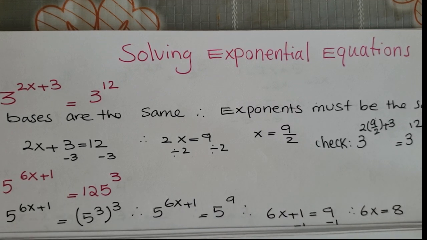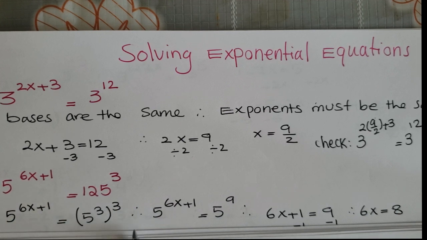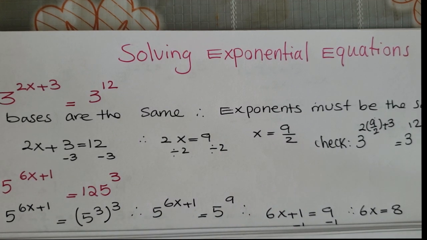In the next step, I will convert 125 to 5 to the power 3, substitute it, and then simplify. Then both bases would be the same. If I want the two sides of the equal sign to be exactly the same, then the two exponents must be the same.